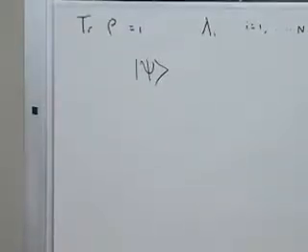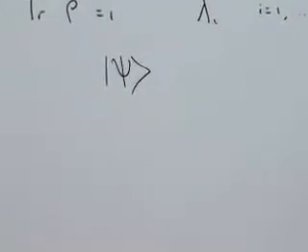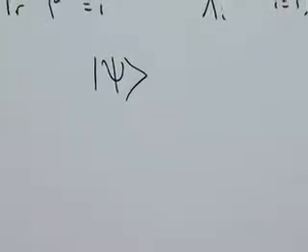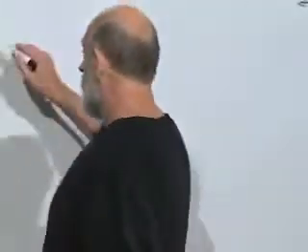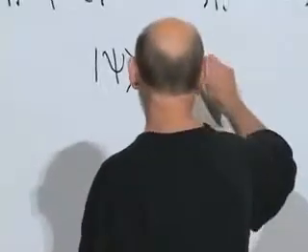And when the system is described by a pure state, there's still a density matrix. You can still introduce a density matrix. And the density matrix is simply the projection operator that projects onto that pure state. It's written this way.